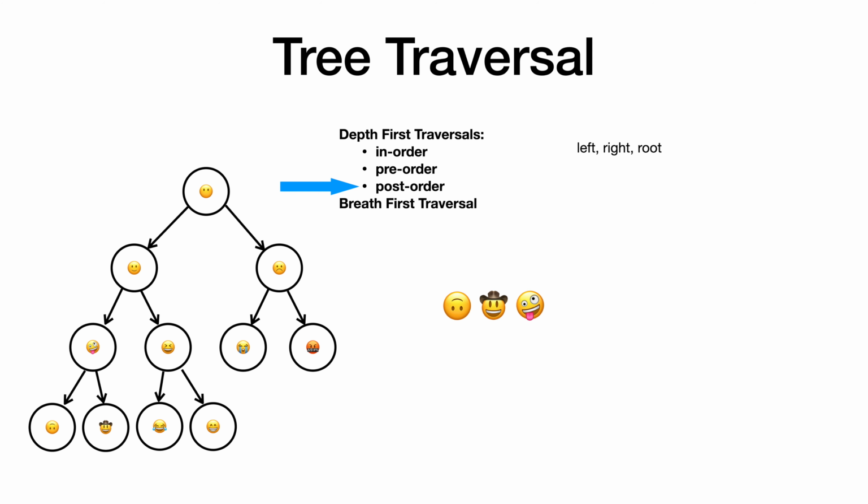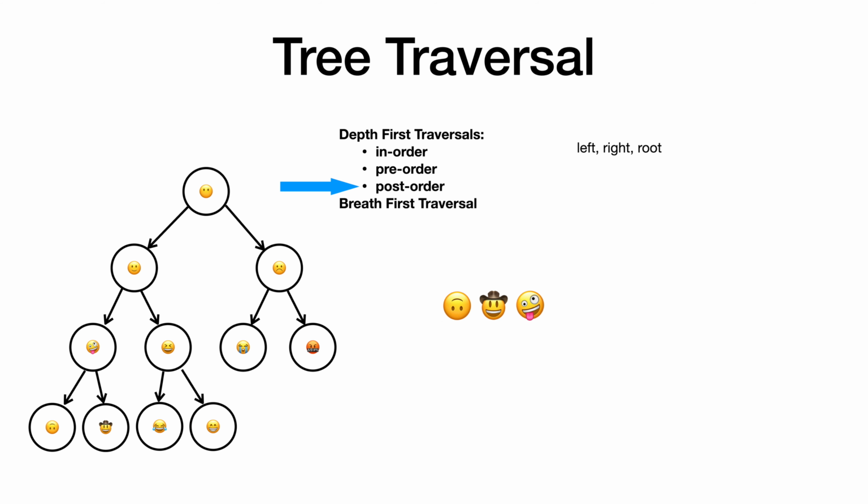So once this left subtree is printed, we go back up the stack, but he is going to print his right subtree before he prints himself. So we go down to the laughing face, but the laughing face is going to print both of its children before it prints itself.